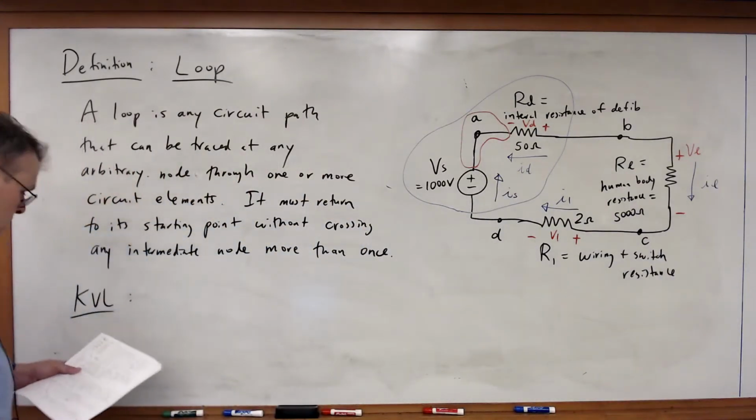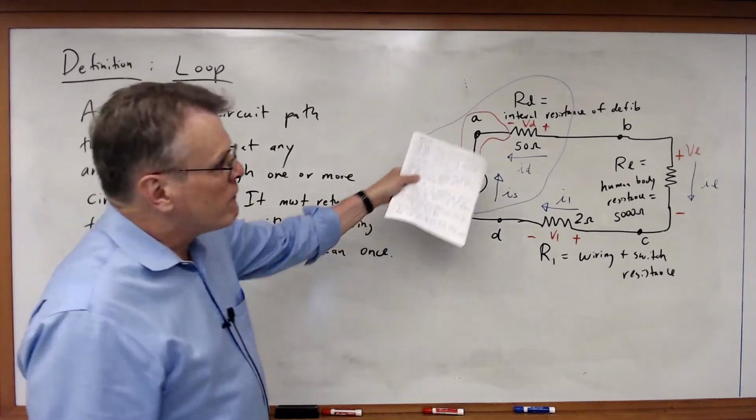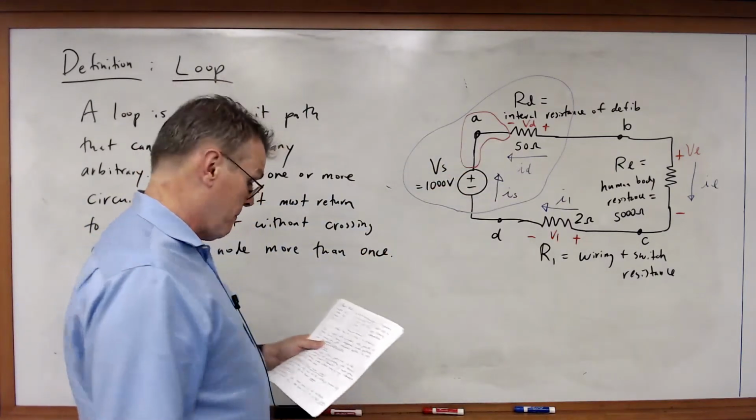KVL says that the algebraic sum of all the voltages around any loop must equal 0.